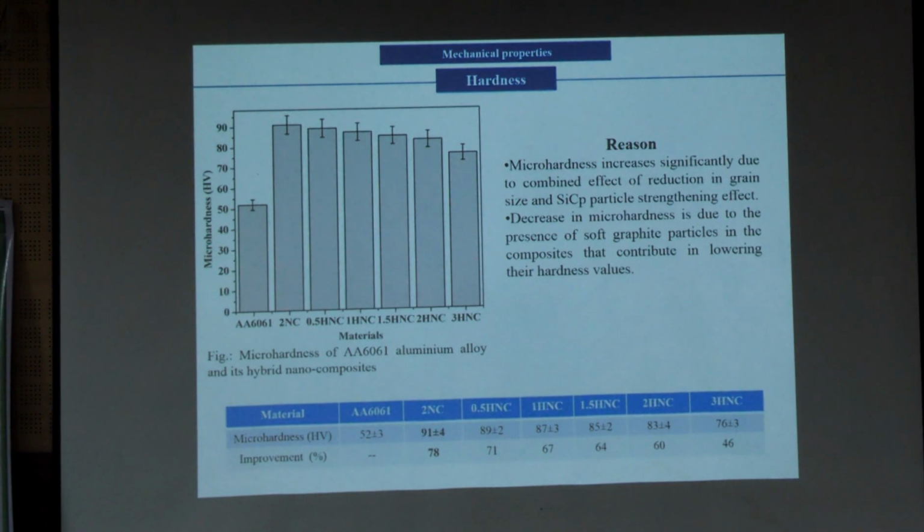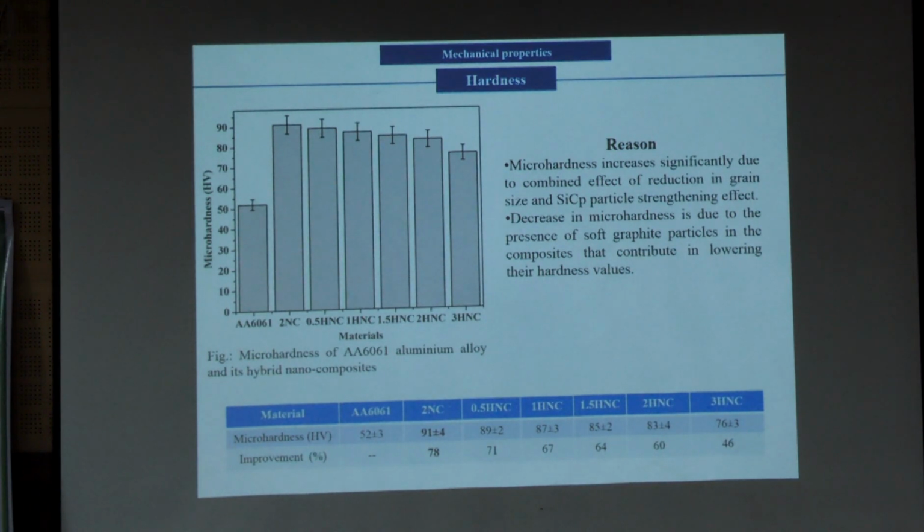So this is the hardness. If you see, the 2Nc has more hardness, and once you increase the graphite percentage, because the SiC percentage is the same, right? Once you add SiC to this matrix material, the hardness is improved, right? But again, if you add the secondary reinforcement, then the hardness is slightly reducing, okay?